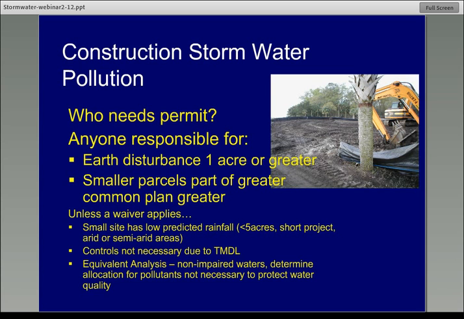So with the time remaining, I'm going to focus on construction stormwater, and this program is, I think, one of the ones that watershed organizations and we as individuals can often be more engaged in, because how many folks on your way to work saw some kind of water flowing off of a construction site or off of a sidewalk with dirt on it and flowing into the storm drain?